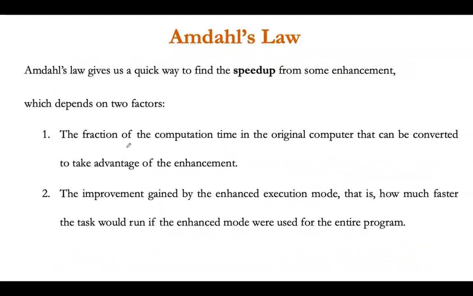One is the fraction of the computation time in the original computer that can be converted to take advantage of the enhancement. Another one is the improvement gained by the enhanced execution mode, that is, how much faster the task would run if the enhanced mode were used for the entire program.